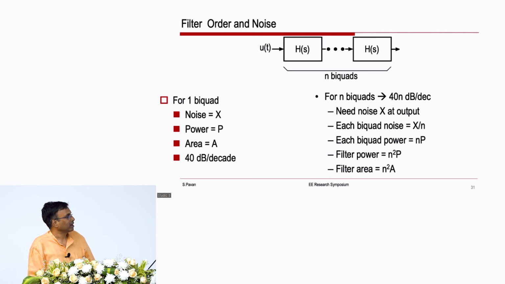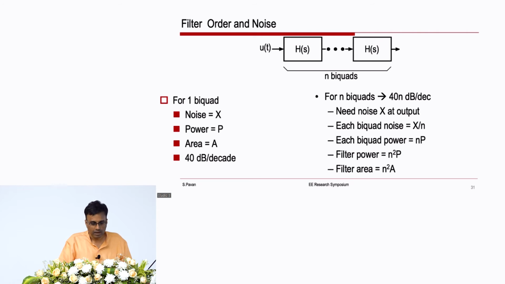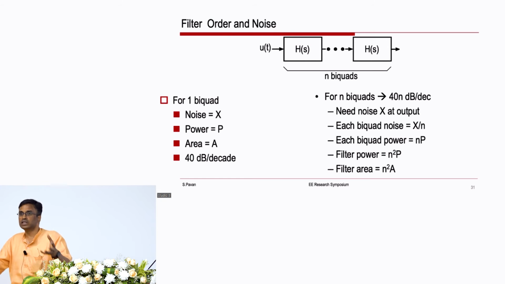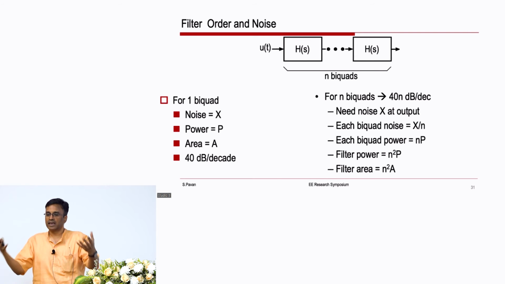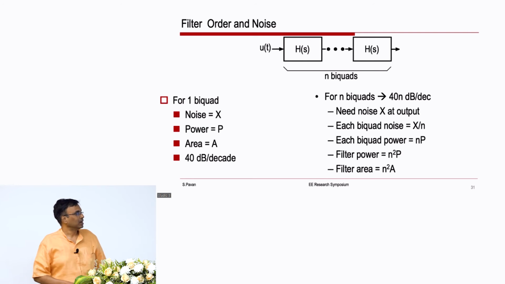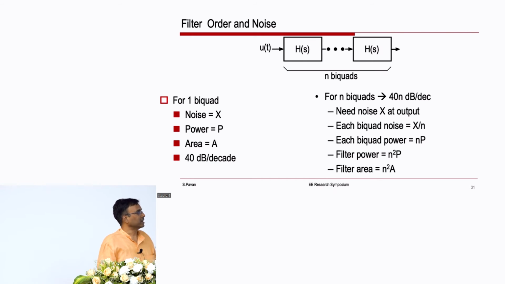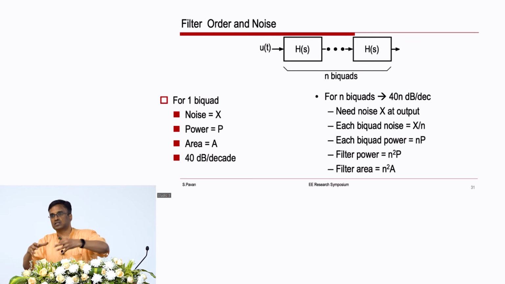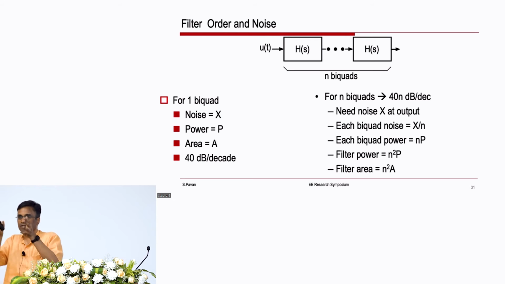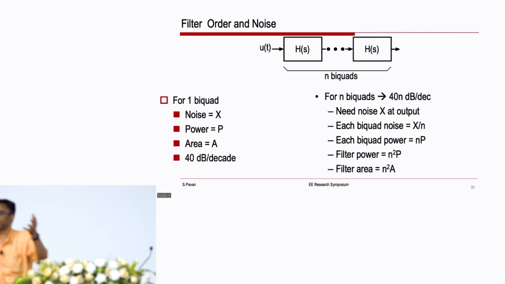And likewise, with area, as we just saw, to reduce noise by a factor of 2, we had to put two instances of the biquad together, which means that the area has gone up by a factor of 2. So, if you want to reduce the noise by a factor of n, you would have to put n instances together, which means that the area of each biquad would have gone up by a factor of n.